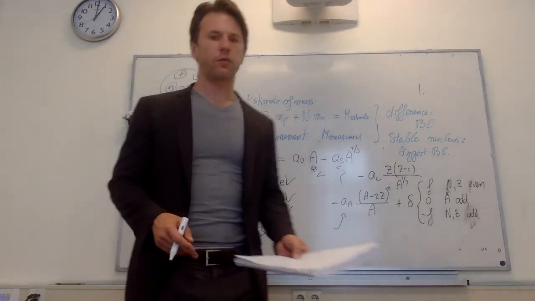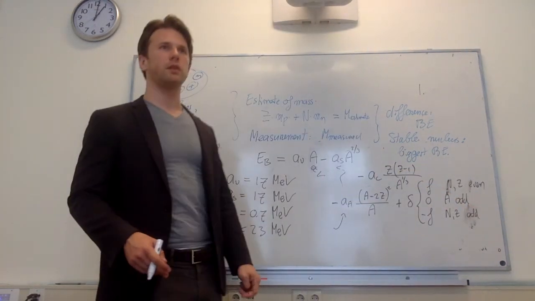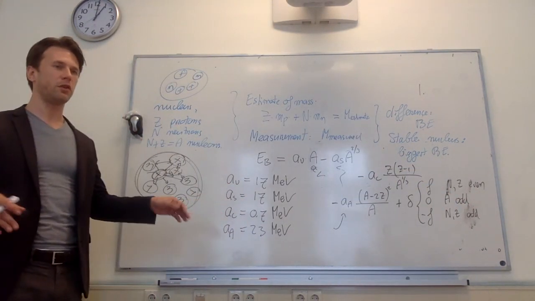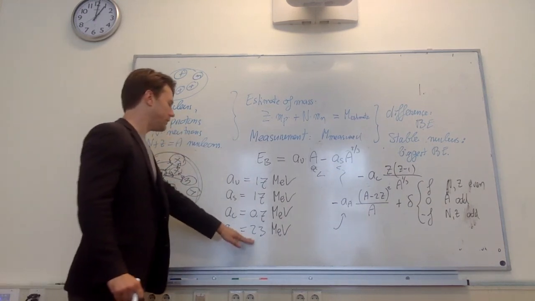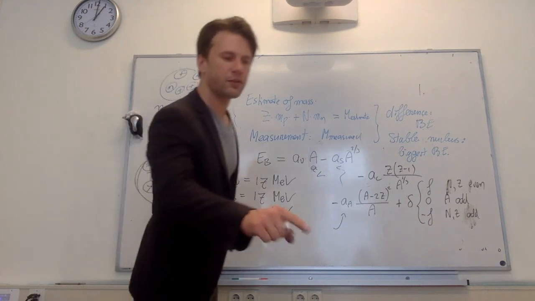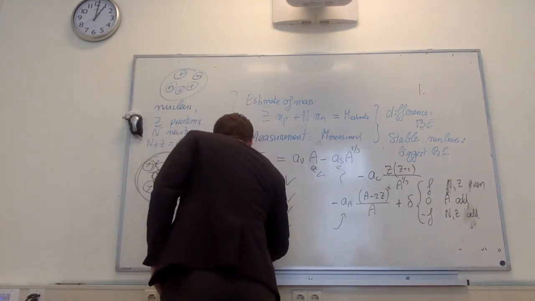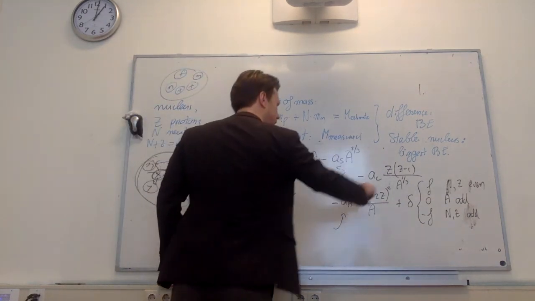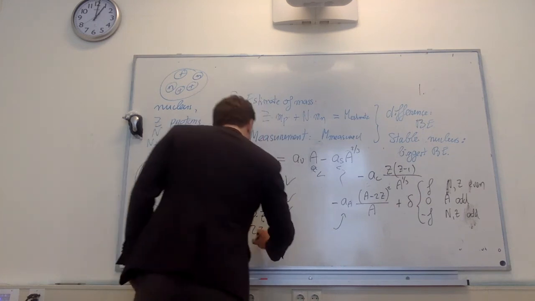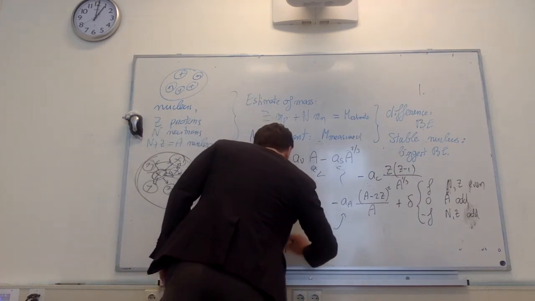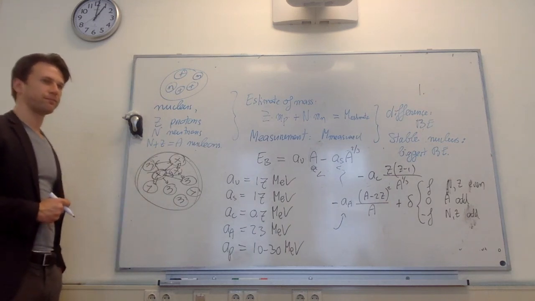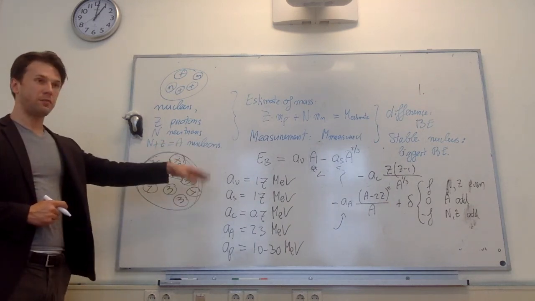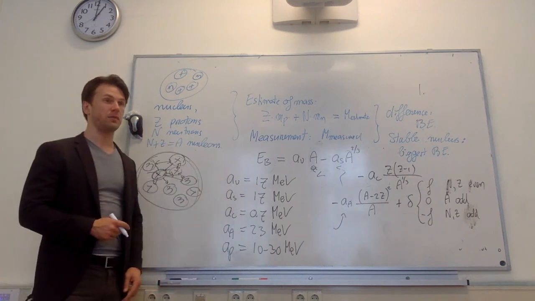Because the nuclear force doesn't distinguish between protons and neutrons, the shells apply to both of them, so they both want to have the same number. So there's a direct result of the nuclear force, and then there's a final one, and that really depends on the nucleus. This one is called the parity term. And depending on the nucleus, it ranges between 10 and 30 MeV, something like that. Again, now it's just a matter of getting these values from experiments.